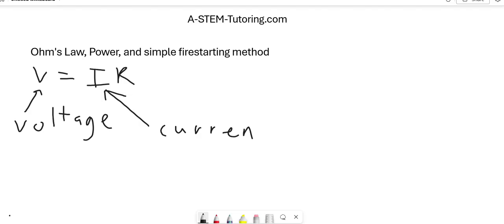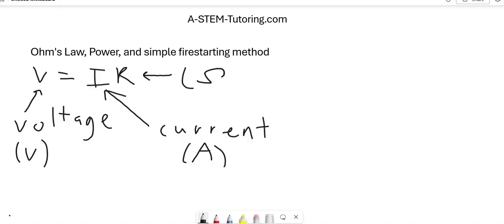Voltage is measured in units of volts. Current is measured in units of amps. And then resistance, R, is measured in units of ohms, symbolized by the Greek letter omega. So the voltage equals current times resistance. So for a given current, a higher resistance requires that you apply more voltage.